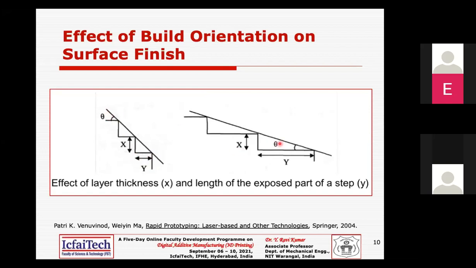But the moment you change the orientation, you may anticipate the Y value for this changed theta value, you have more error here than in this orientation. So like that, we need to take care of accuracy, which varies drastically from one build orientation to another.